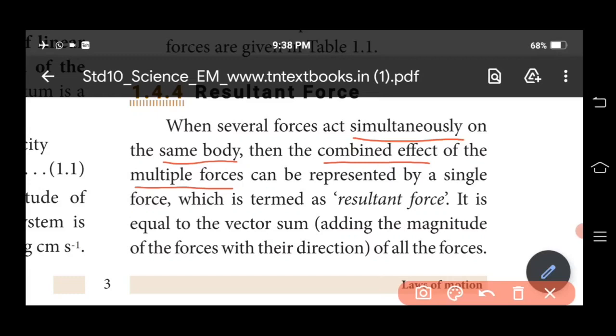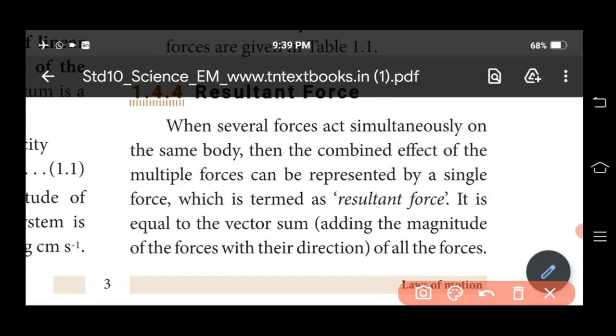The combined effect can be represented by a single force, which is termed as resultant force.